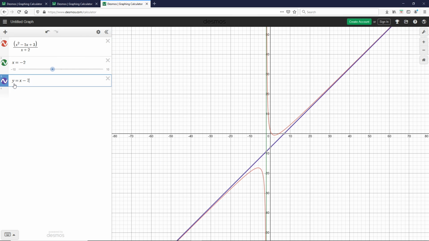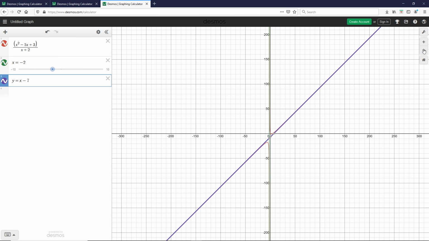If you remember, if the equation of the line is y equals x minus 7, our slope is 1 because the coefficient of the x variable is 1. So our slope is 1 and our y-intercept is negative 7. Okay, so that would be this line here in purple. Now, just to show you again how this relates to this rational function, if we zoom out more and more, what you'll see is that this rational function gets closer and closer to looking just like the graph of the line y equals x minus 7.